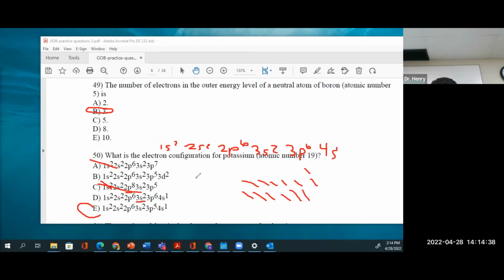Which it's supposed to have. So that one can't be right. So these are our options. So we want 1s2, 2s2, 2p6, 3s2, 3p6, 4s1. This one says 1s2, 2s2, 2p6, 3s. Oh, right here, that's a 5. It's not enough, right? So we know that that's wrong. So D is the correct answer.